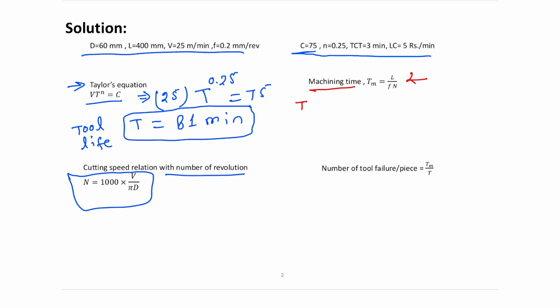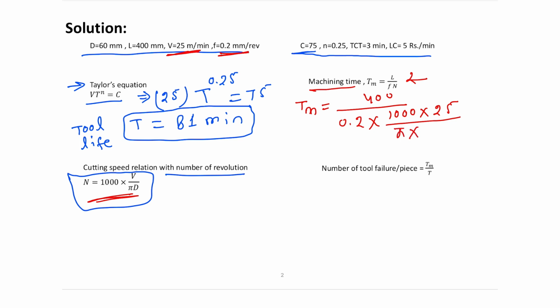So we will get Tm, machining time, equal to L, we have 400, feed rate 0.2, then N, which we know is 1000 into velocity, 25 meter per minute, divided by pi into diameter 60.